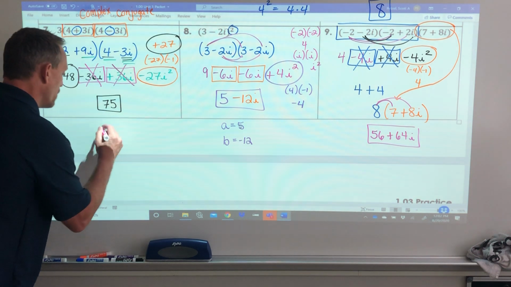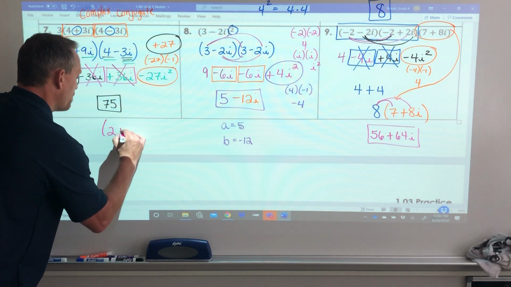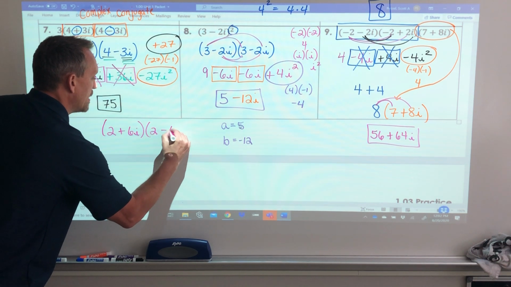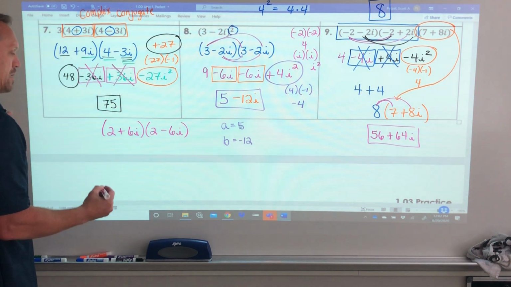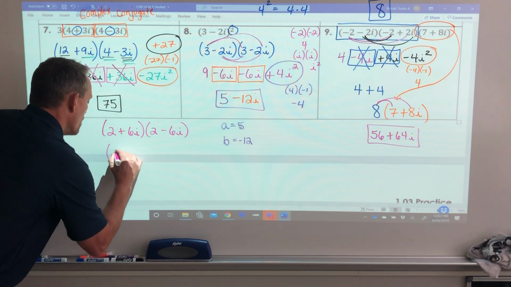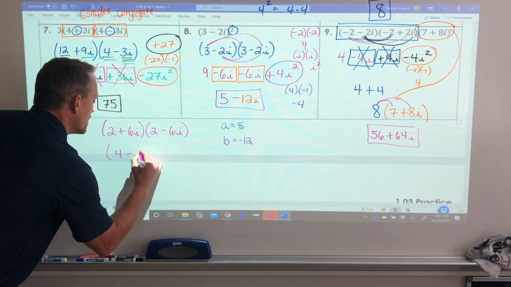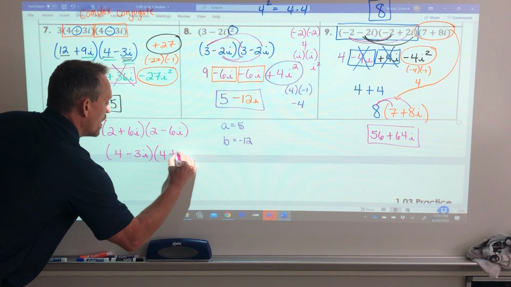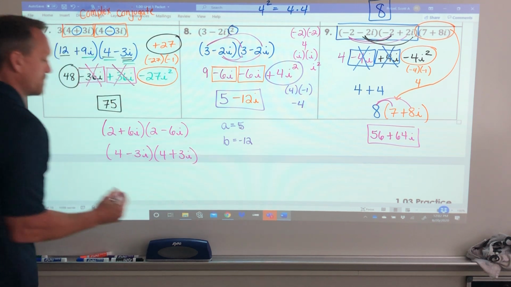Some good examples would be 2 plus 6i, 2 minus 6i. Complex conjugate. 4 minus 3i, 4 plus 3i.